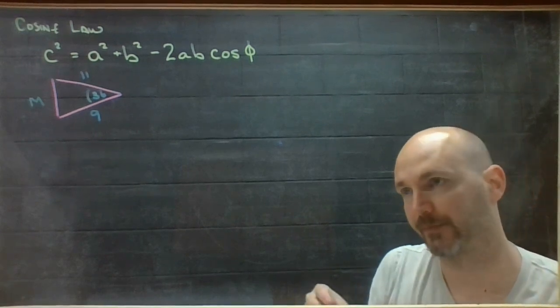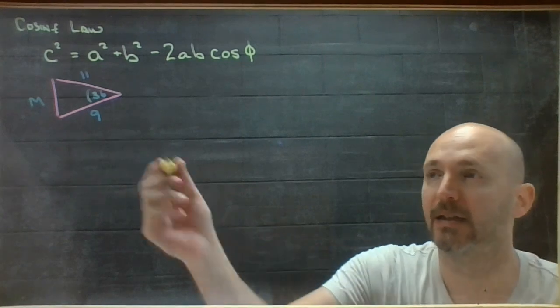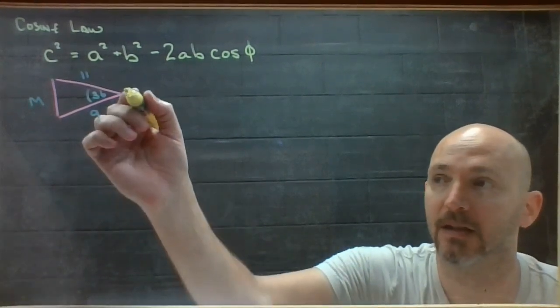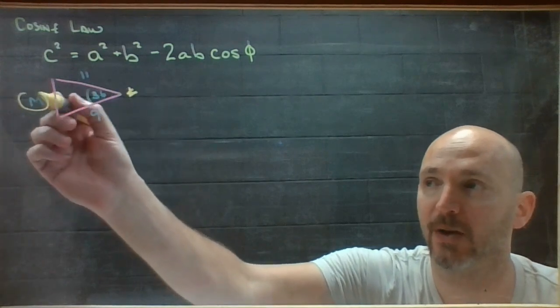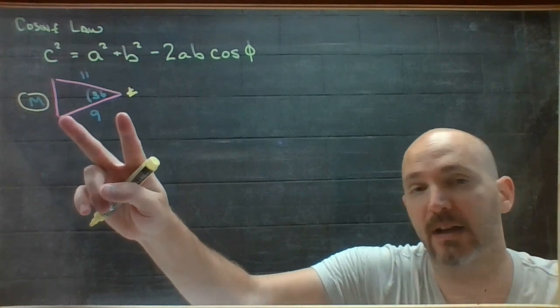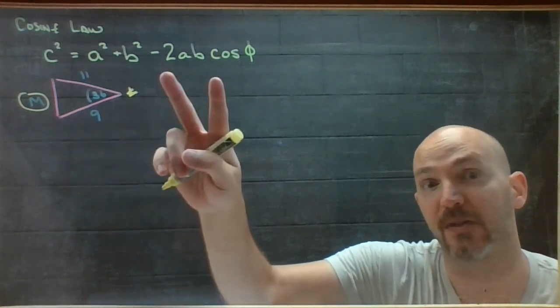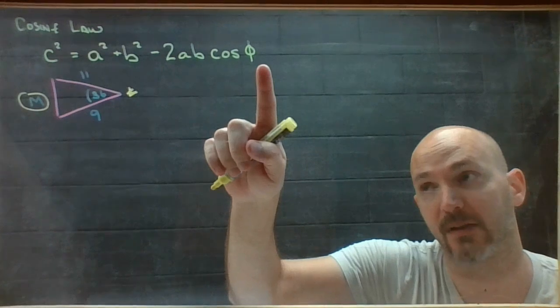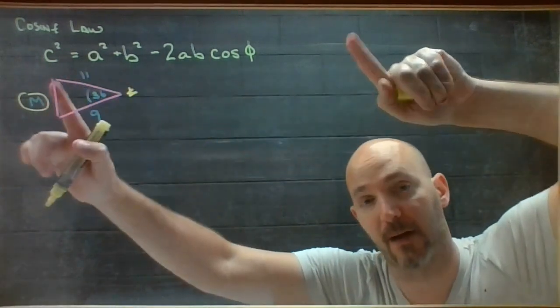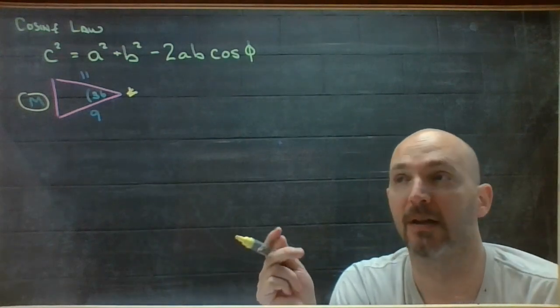So the trick is that if this is the angle you're using, the side that goes with it is way over here. They don't touch each other. And you've got kind of a clue in the equation up here. The angle that you're given and the side across from it are literally on opposite ends of this equation.